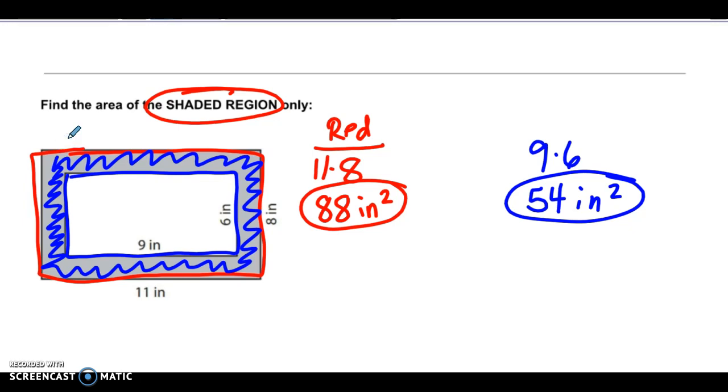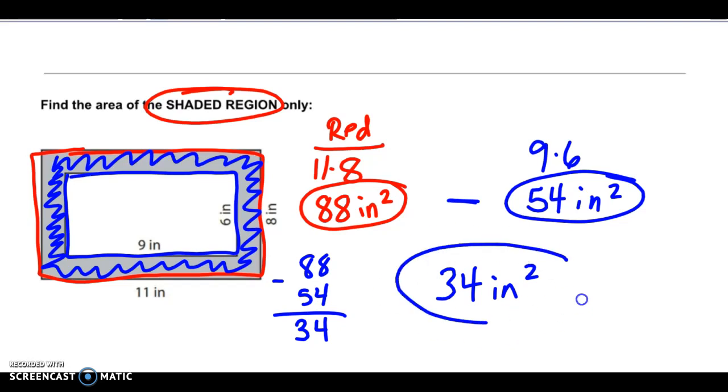So if you're going to take that space away or punch it out or cut it out, that's representing subtraction. So you do have to find the area of both of them and subtract the two to find your overall area of just that shaded kind of donut piece. So 88, if we subtract 54, we get an area of 34 inches squared for the shaded region only.